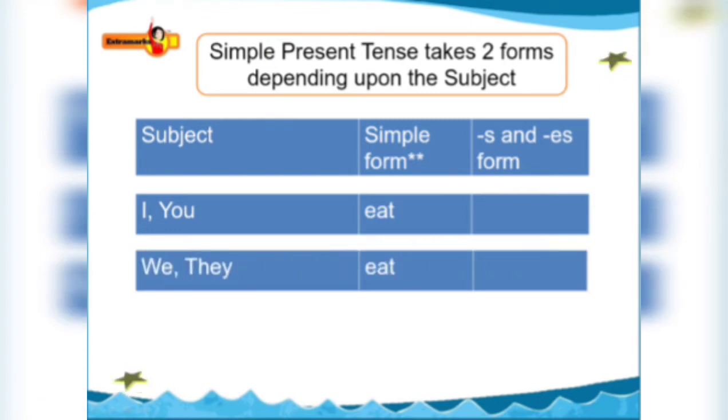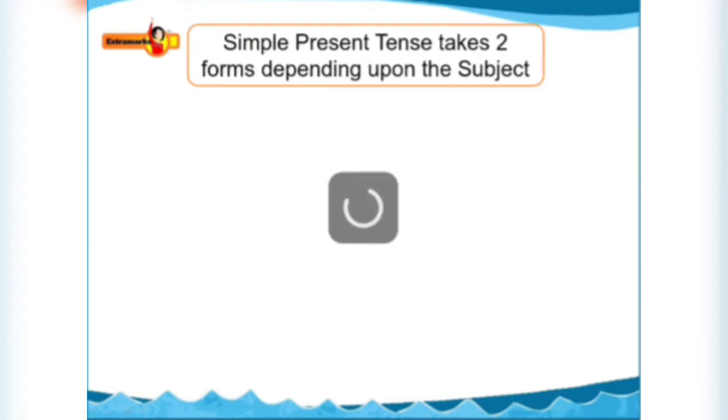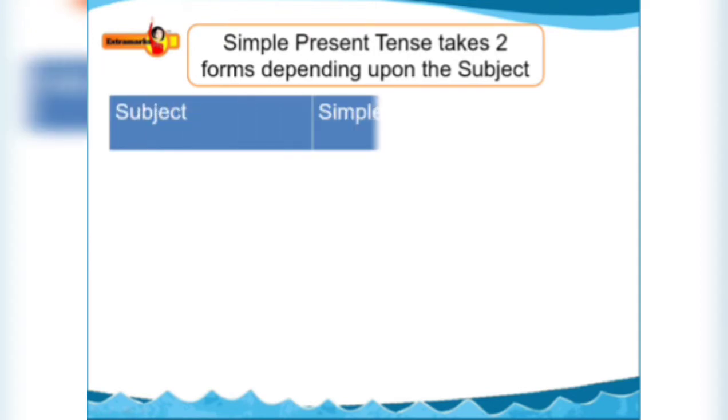Let's take the second one. Here also the simple form of the verb eat is being used, with the subjects we and they. Please note that the simple form of the verb is its actual or plain form, without any special endings such as s, es, ing, etc. Now let's check what happens when plural nouns are used.